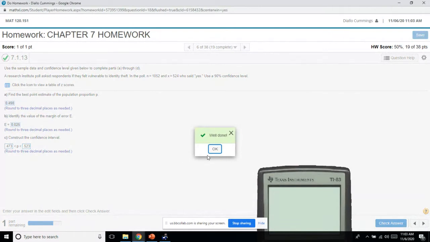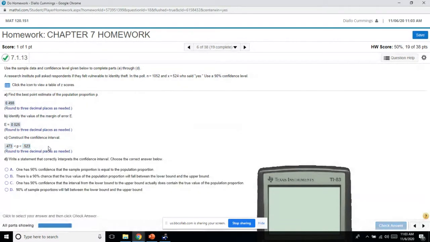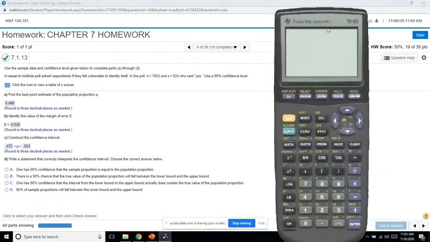Right, so we've constructed that confidence interval by hand. There's also a way to construct the confidence interval using the calculator. So we'll take a look at that. Okay, I'll do it on the computer screen first because it's up, and then I'll go to the TI-84. So here we want to construct a confidence interval for proportion.